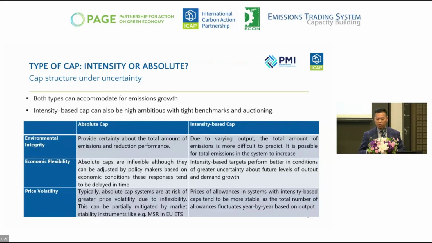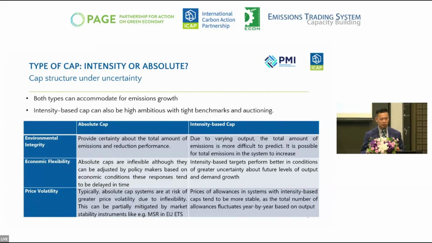And for economic flexibility, absolute cap is not as flexible as intensity-based cap. If there's a financial crisis or a new demand for some product, the absolute cap may become a problem.